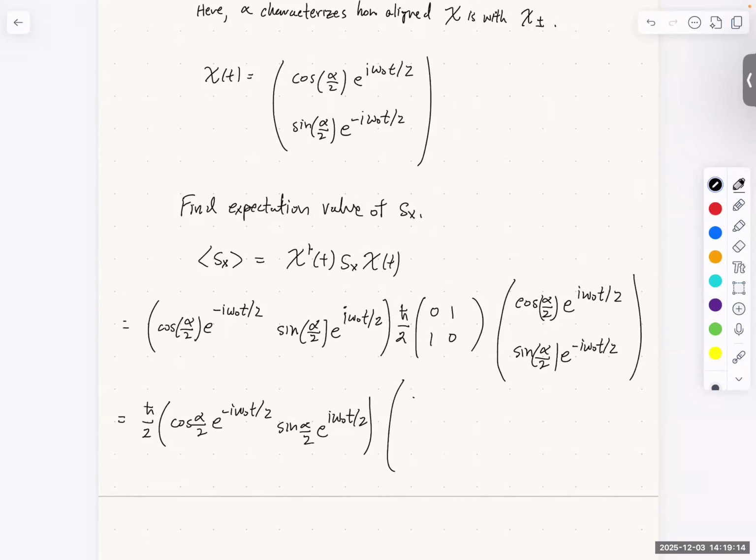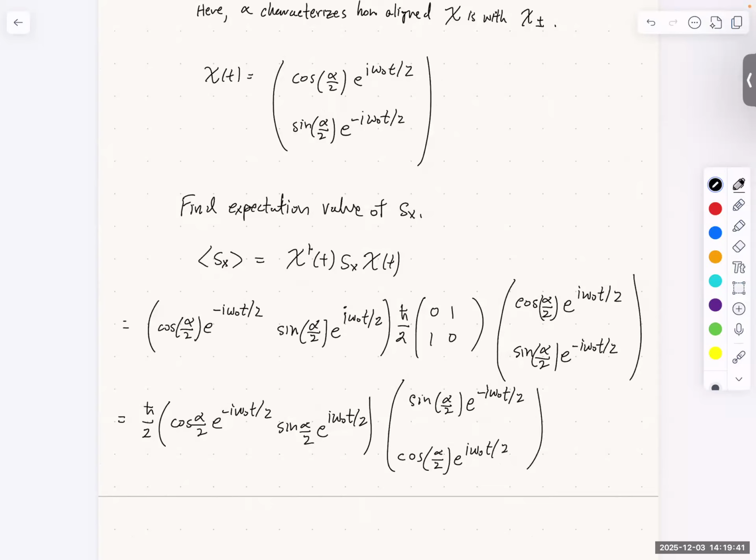So we're going to get a sine alpha by 2 e to the minus i omega naught t by 2. And then 1 times the cosine term plus 0 times the sine term. So the cosine term ends up on the bottom, e to the i omega naught t by 2.